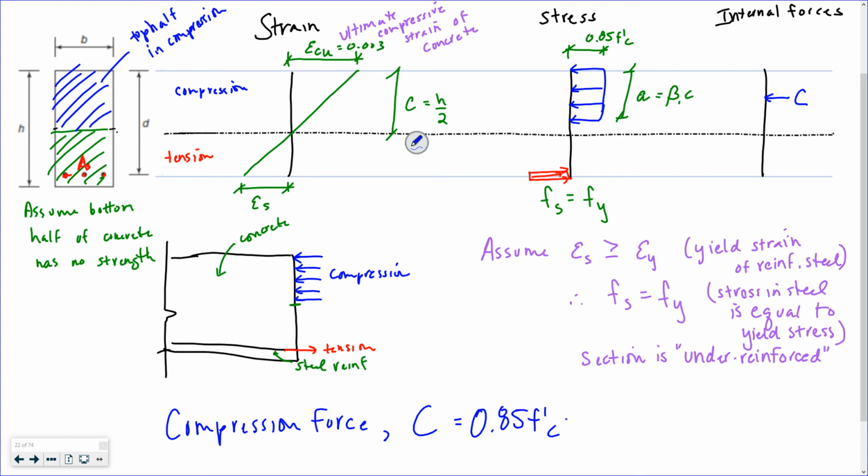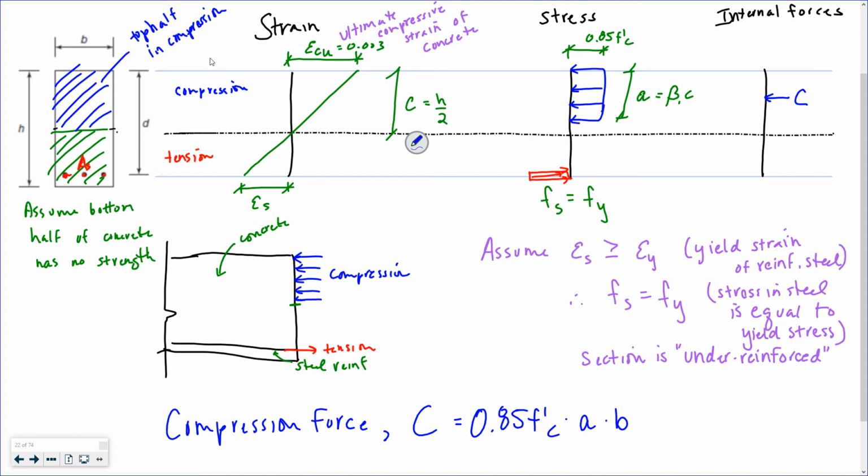The height is A, right? And multiply it by the width of the beam itself. So in this case, if you're looking here, it's into and out of the page. But if you're looking at the cross section, there it is, the width of the beam.